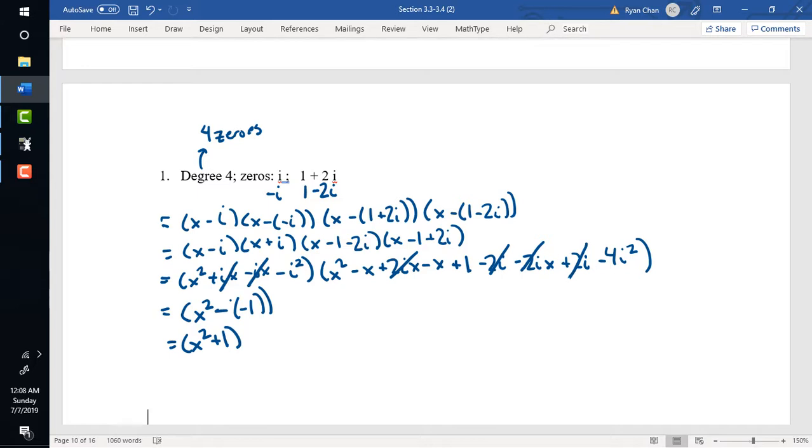All my i's cancel except for the negative 4i squared. Let me bring the rest down. Negative x minus x is negative 2x. And then my i squared turns into negative 1.